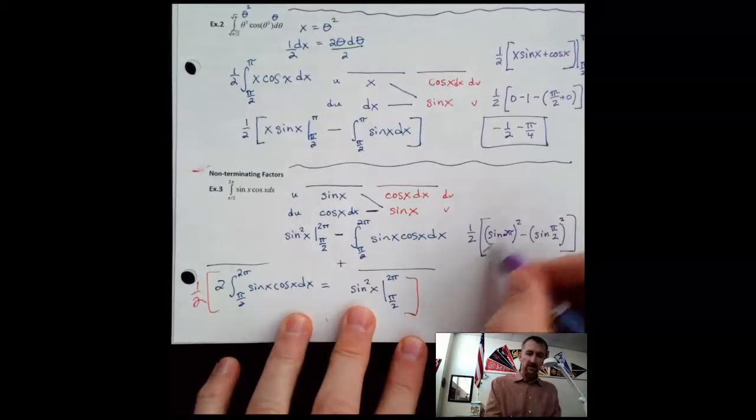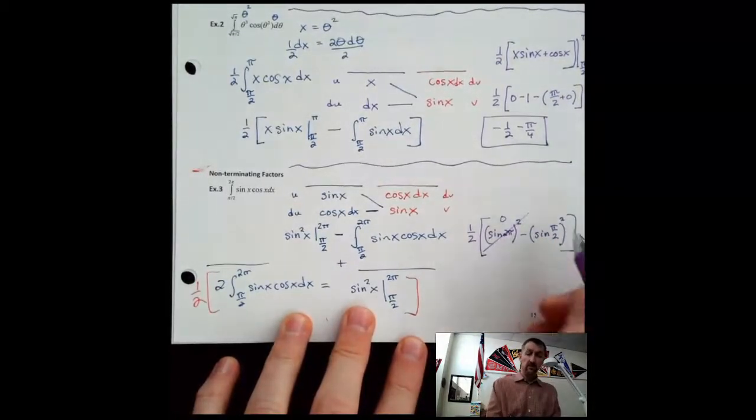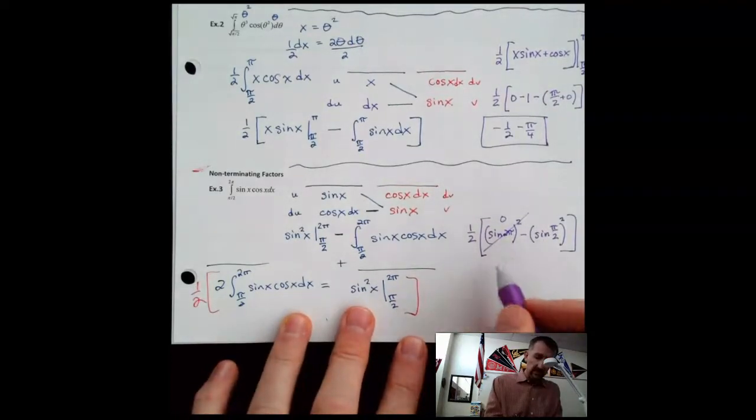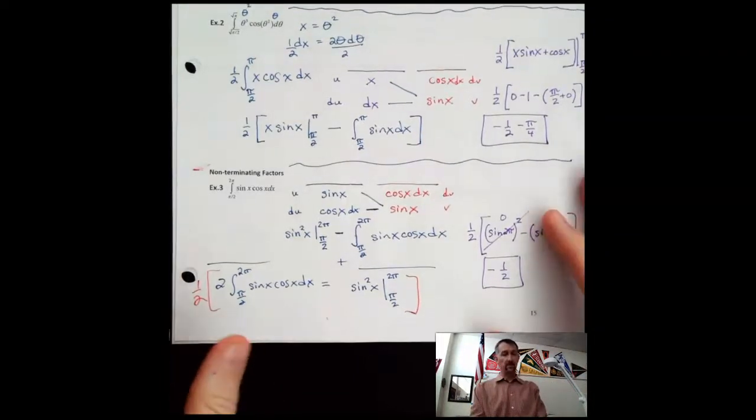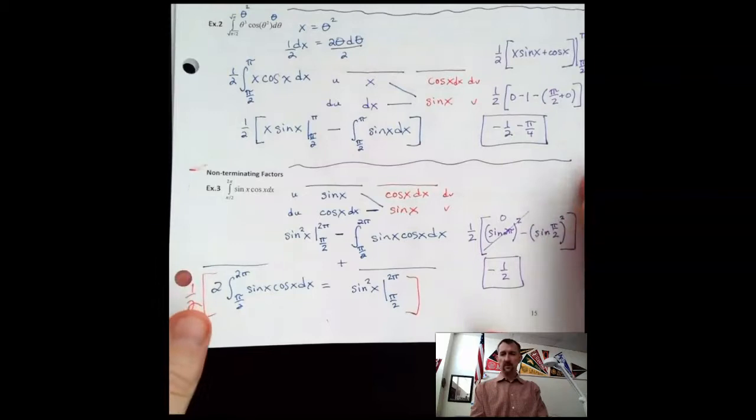So sine of 2 pi is 0, so that's going to be 0. Sine of pi over 2 is 1. Squared is 1, so that's negative 1, and negative 1 times 1/2 is negative 1/2. Okay, so that shows us what to do with definite integrals and integration by parts.